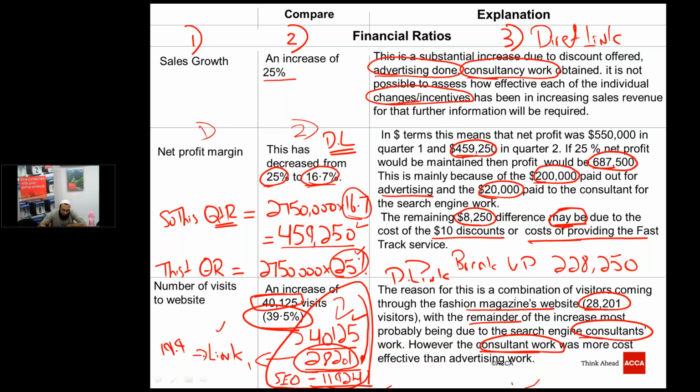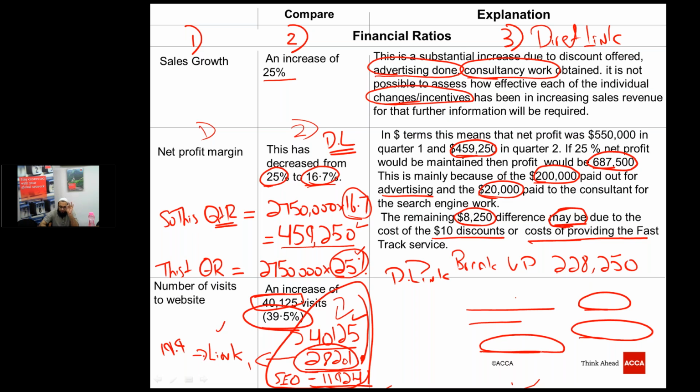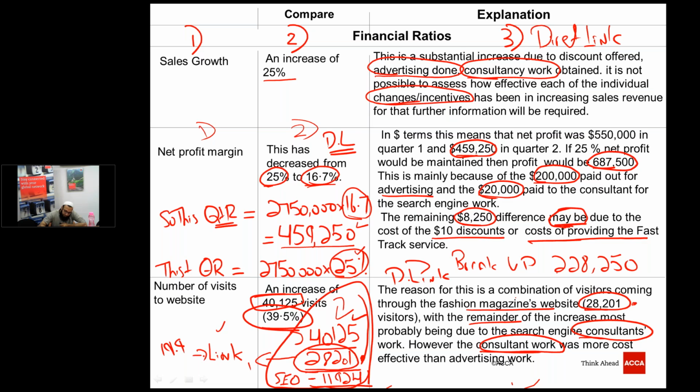Why? It's simple. You paid 200,000 for advertisement. From 200,000, you got how many visitors? 28,000 visitors you got, by paying 200,000.